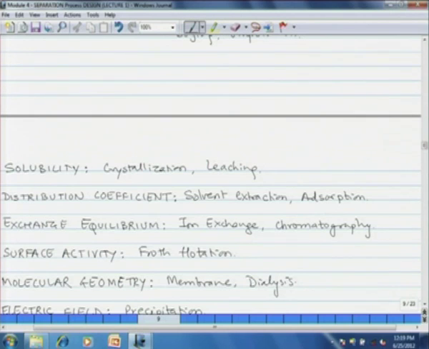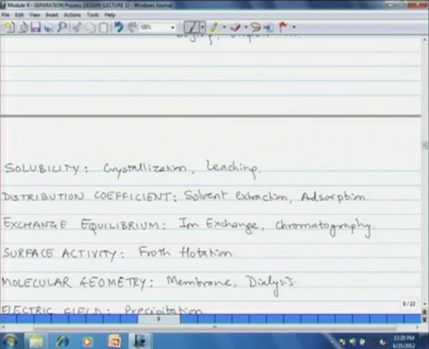Solubility is another property, and crystallization or leaching processes make use of this property for the design. These are differences in solubility of different components in a particular solvent. So, that is a basis for design of crystallization or leaching process.